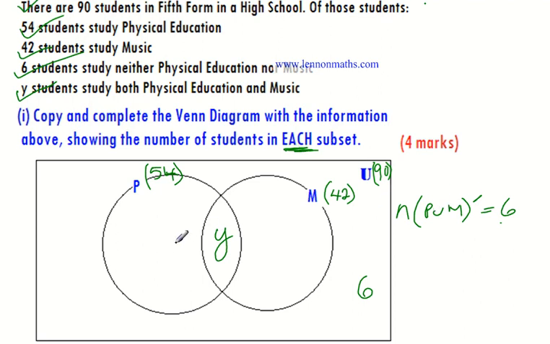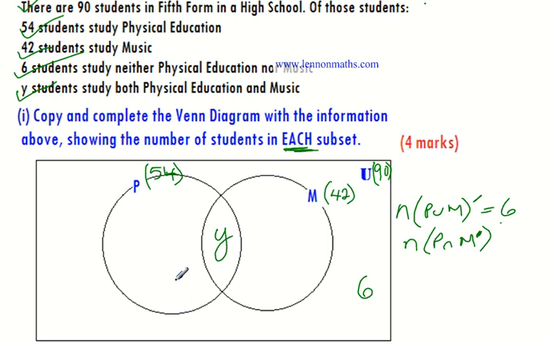And what amount of students goes here? But we need to understand this is also a subset. This can be represented by the number of students in P intersect M complement. Notice we put it complement this time on the M because we're taking out M. In this case, we're taking out both P and M, the union of both P and M. So we're removing and putting it here. And this time we're taking out M. And so we're referring to this region here.